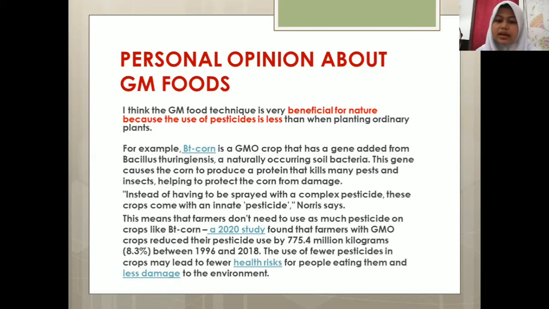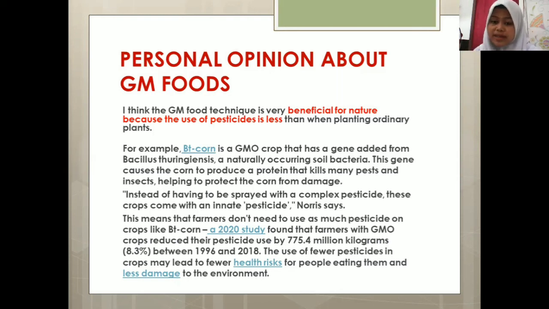And then Norris says, instead of having to be sprayed with a complex pesticide, these crops come with an innate pesticide. This means that farmers don't need to use as much pesticide on crops like Bt corn.